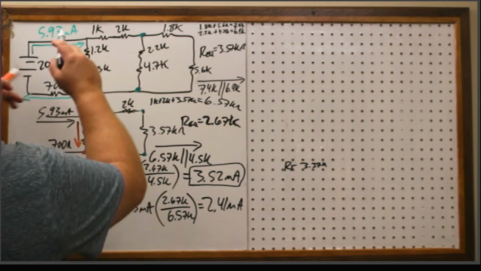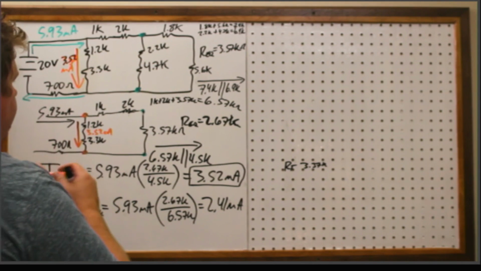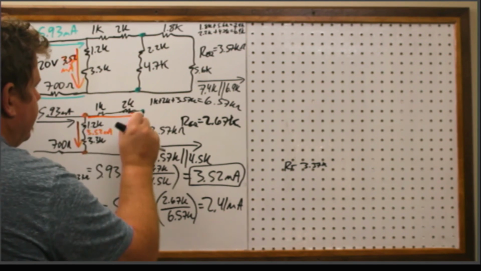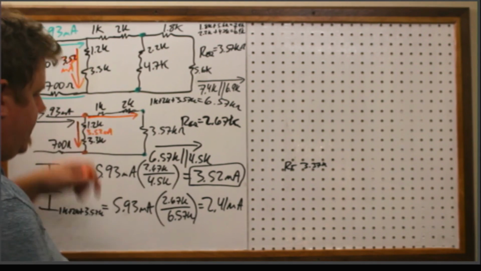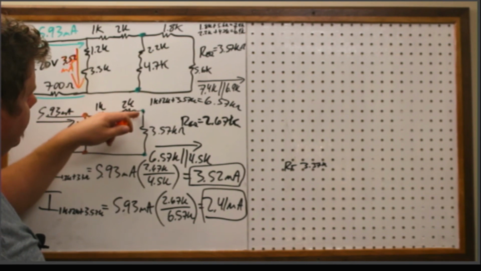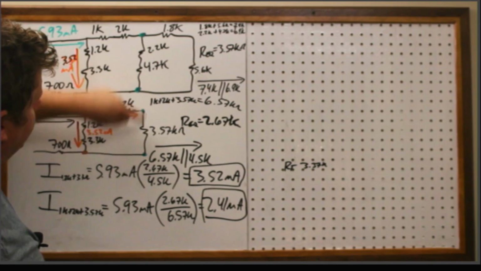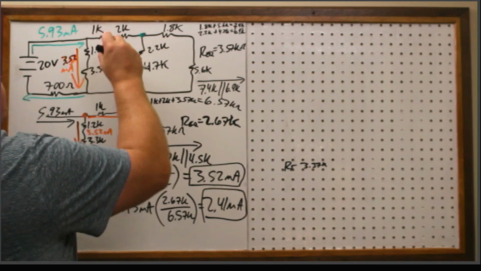Okay. Now, as far as what comes over here, it still goes through this, right? So the other current, this 2.41 milliamps, it goes out here, and then now remember, this one out here is these two. So these are going to get that 3.52 as well.